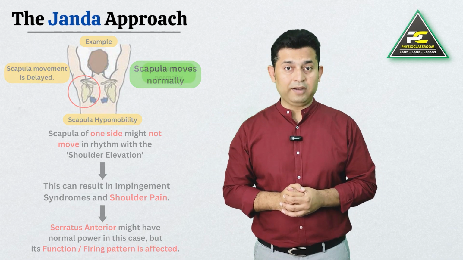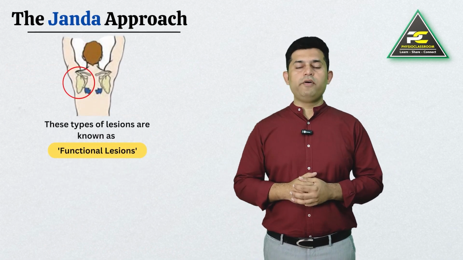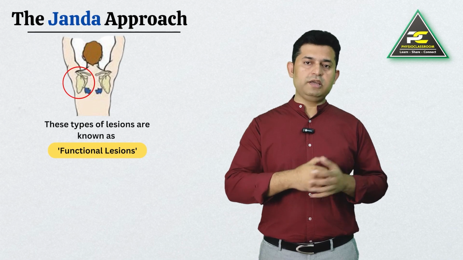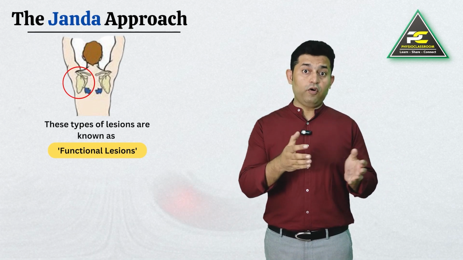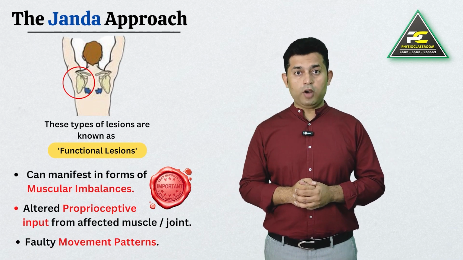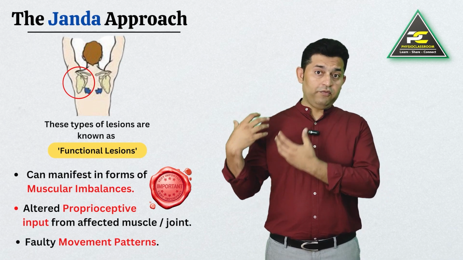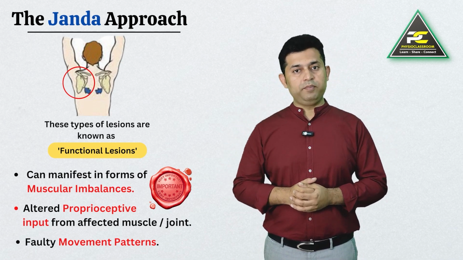Such impairments of muscle function are termed functional lesions or pathology by Janda, and such dysfunctions can manifest in the form of muscle imbalance, reduced somatosensory or proprioceptive input from the affected joint or muscle, as well as faulty movement patterns.